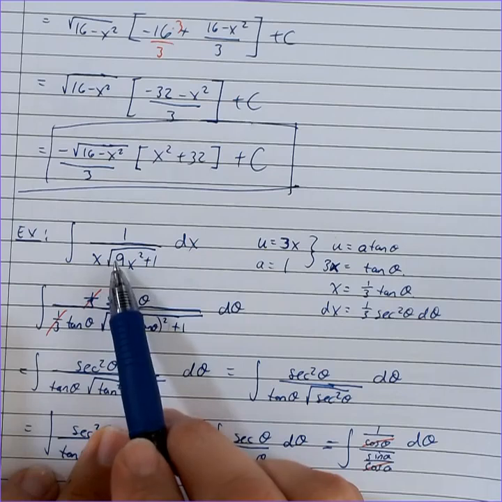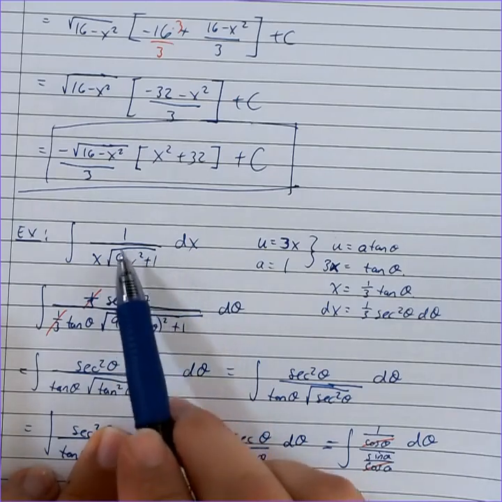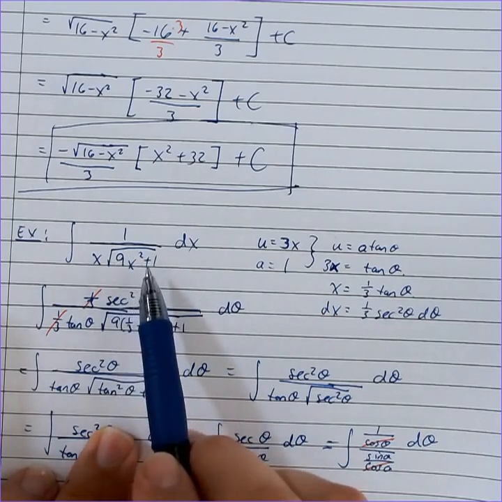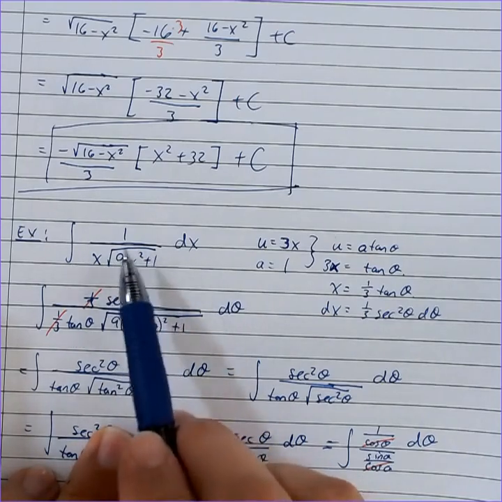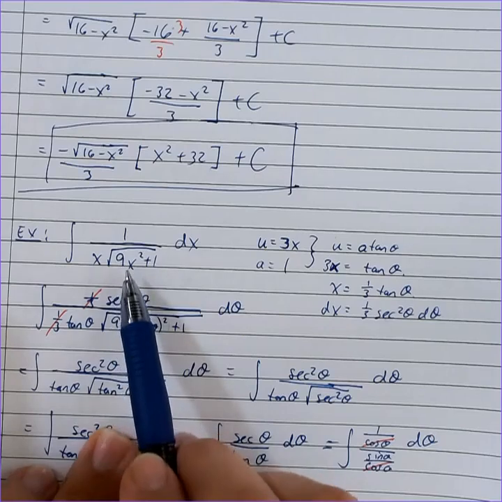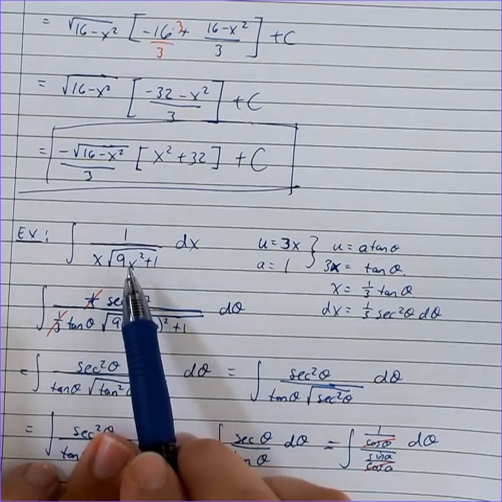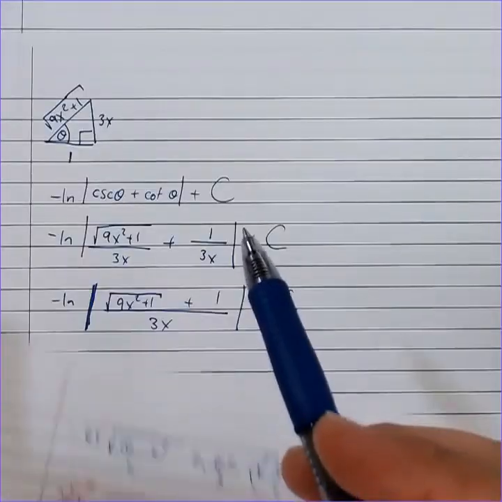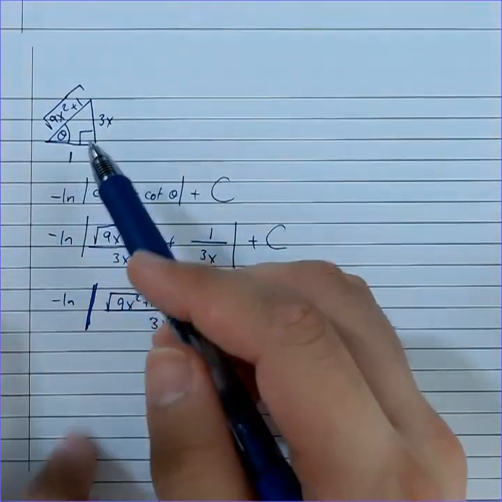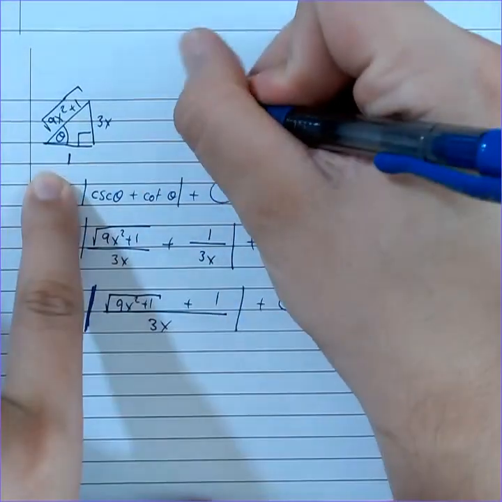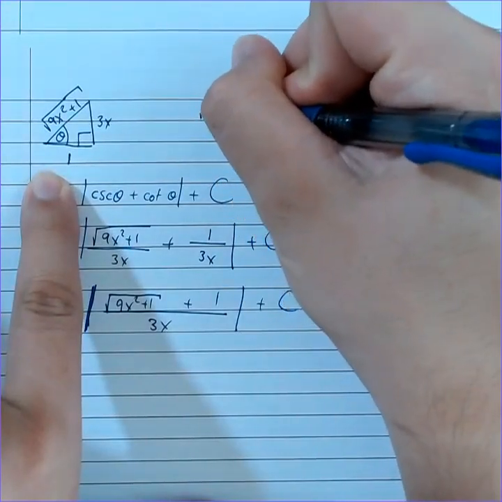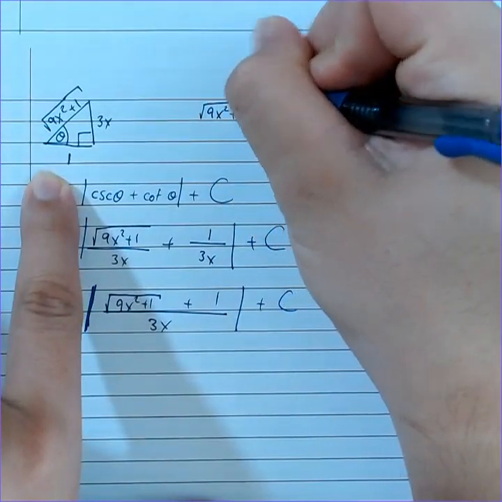This square root of 9x squared plus 1, remember, that is going to be one side of our triangle, in this case the hypotenuse, but in any of these substitutions it will be one of our side lengths. Okay, well, if that's one of our side lengths, I should be able to express it using a trig function. So coming back to my illustration, right here, this is square root of 9x squared plus 1.